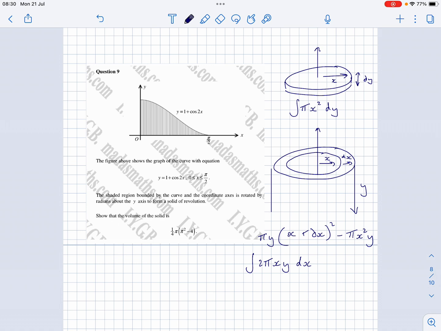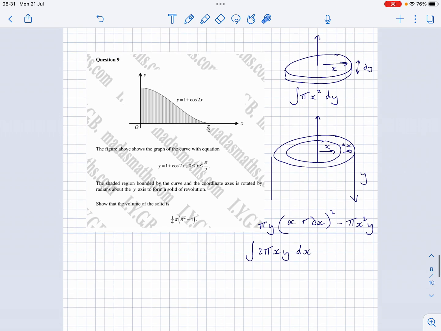But the advantage of using this in this question is I don't have to rearrange it to make x the subject, because I'm just going to times it by x. And I don't have to worry about rearranging this y.